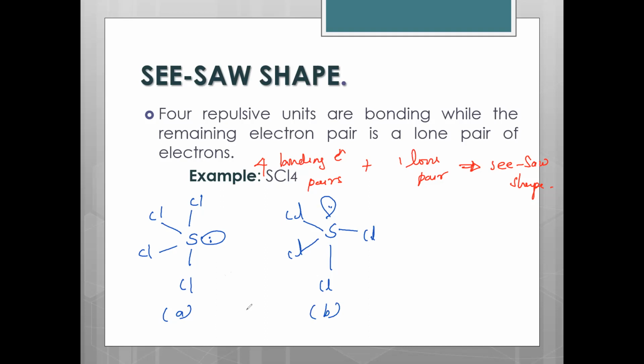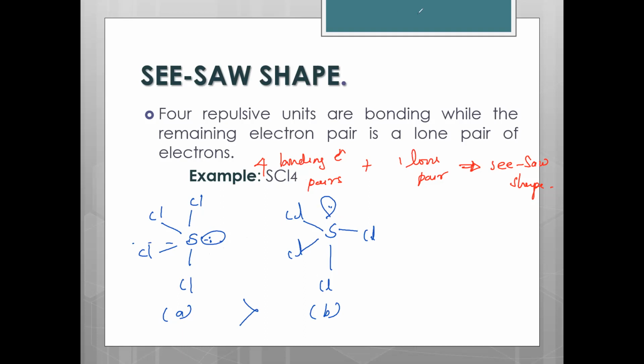Always A is more stable than B. Why? The repulsion in A is less compared to B. We have studied about bonding pair, lone pair repulsion. According to this, you can see this axis in a symmetrical way, so the repulsion is less. Therefore, structure A is stable, the shape of the seesaw, right?